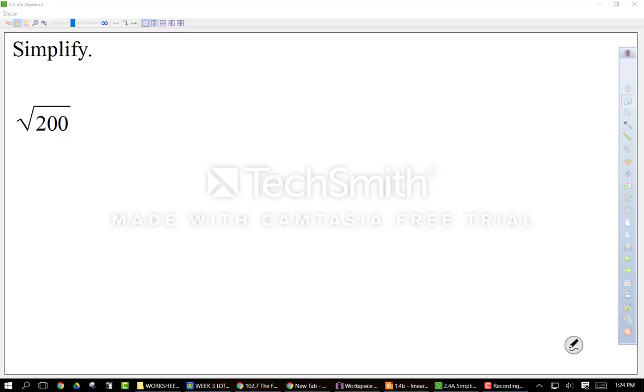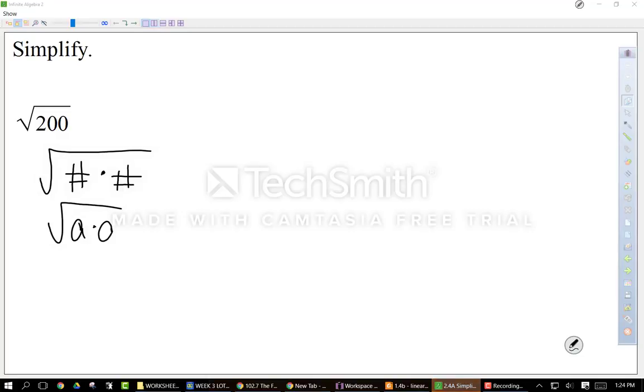What I am going to do is first understand what a square root is. So remember, a square root is a number times the same number. So think of it as a times a. And a could be anything: 3 times 3, 4 times 4, 15.2, 73.3.